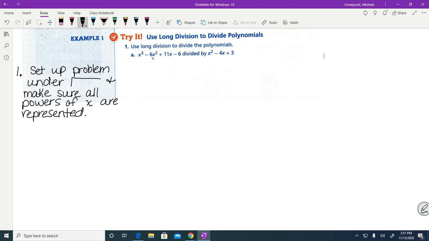If there's not, you're going to insert a 0 placeholder.